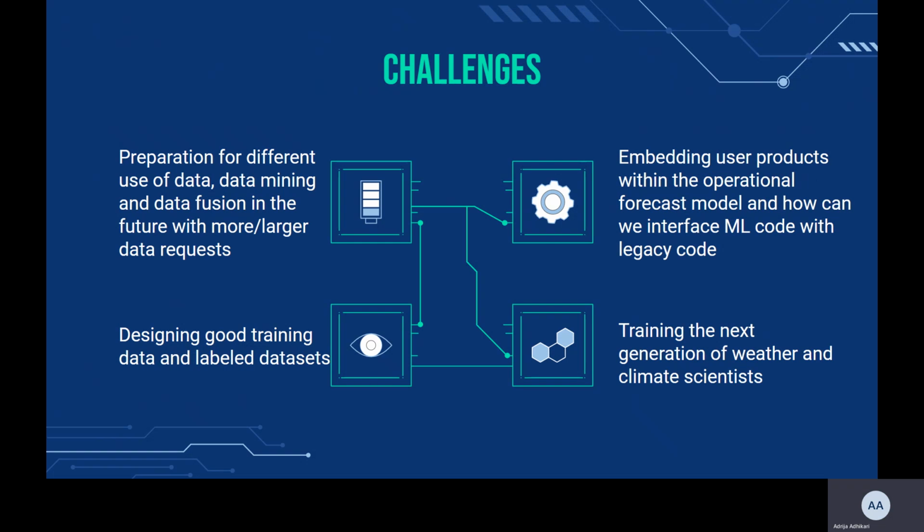The next set of challenges includes preparation for different use of data mining and data fusion in the future with a larger number of data sets. Designing good training data and label data sets is also another challenge. Embedding user products within the operational forecast model, how we can use ML interface code with legacy code, and training the next generation of weather and climate scientists.